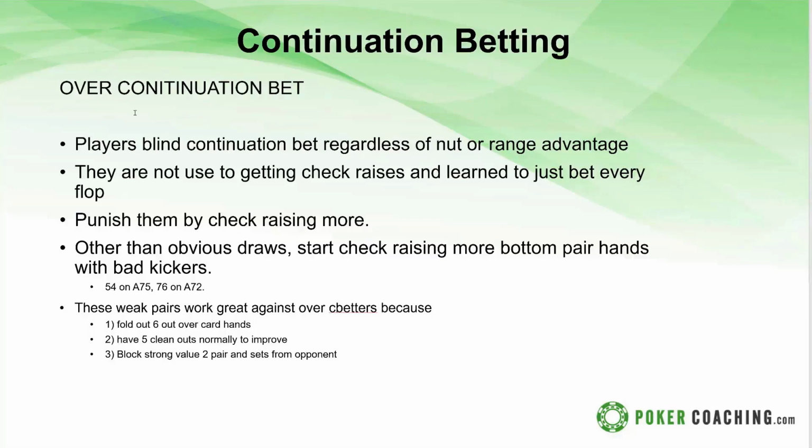Another thing is they're kind of exploiting the population themselves. The reason they are continuation betting blind is because they are not used to getting check raised and learn to just bet every flop. So the population, which is our next slide, is going to under check raise, and this kind of leads to everyone over continuation betting because they're not getting check raised.